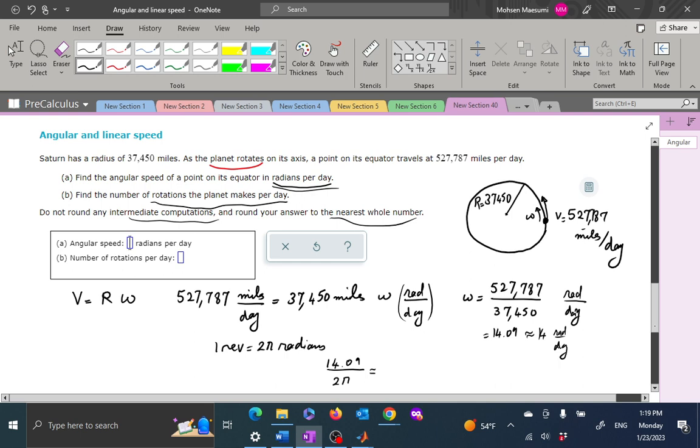So when you divide 14.09 by 2 pi, which is 3.14, etc., carry a few digits here, and out comes 2.24, and to the nearest whole number is going to be 2 rotations or 2 revolutions per day. So it kind of turns around its own axis twice as fast as ours does.